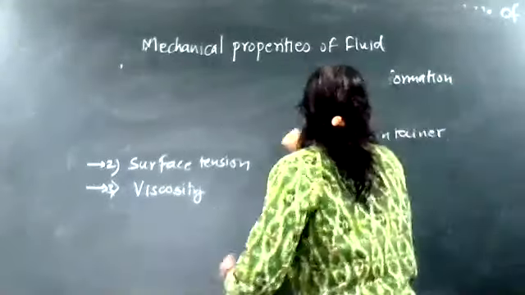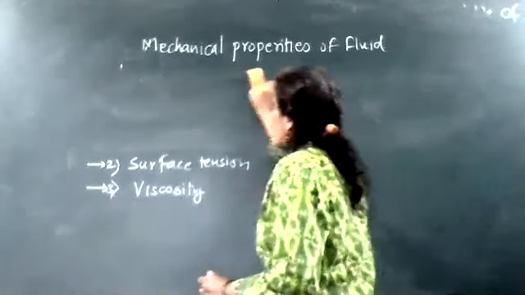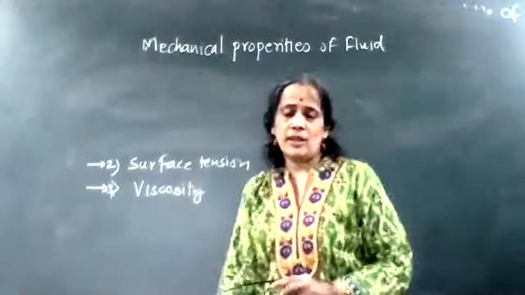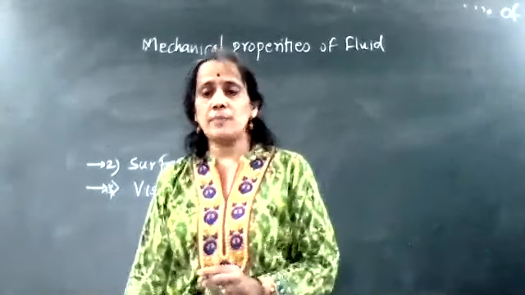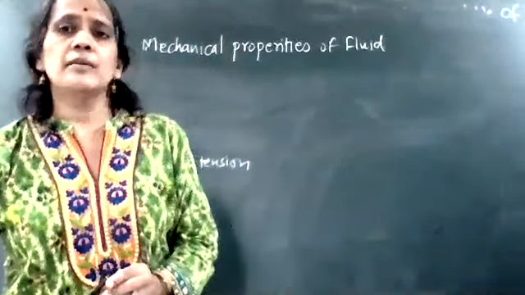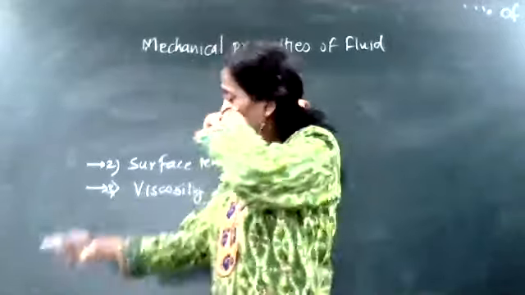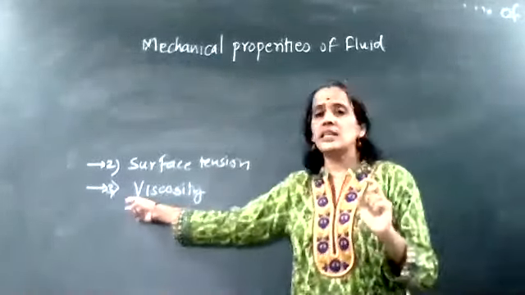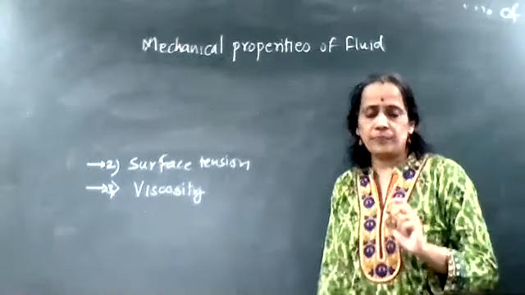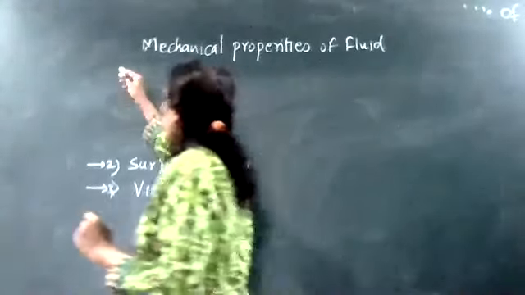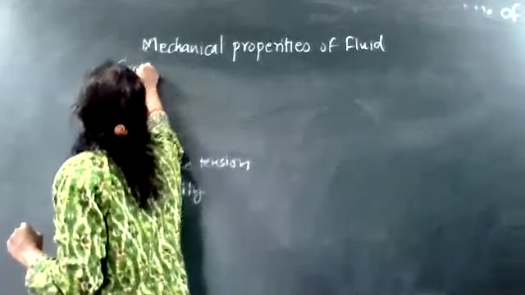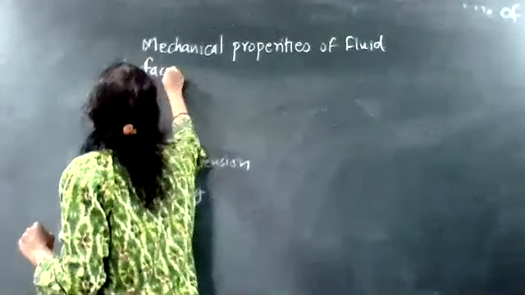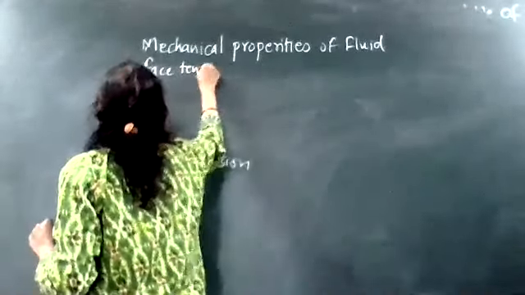Now I will switch over to the property called surface tension. The mechanical properties of fluids are three: every fluid has pressure, surface tension, and viscosity. First, we are going to concentrate on surface tension.